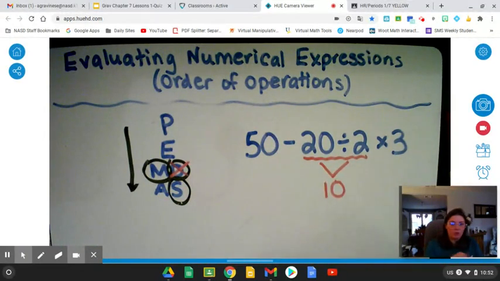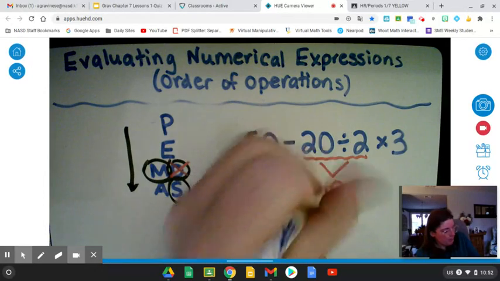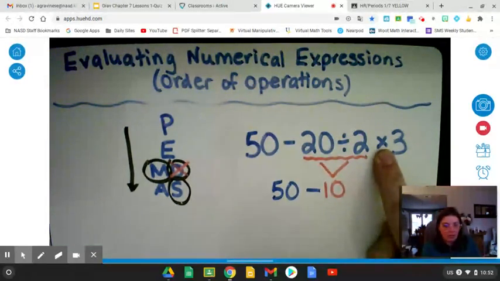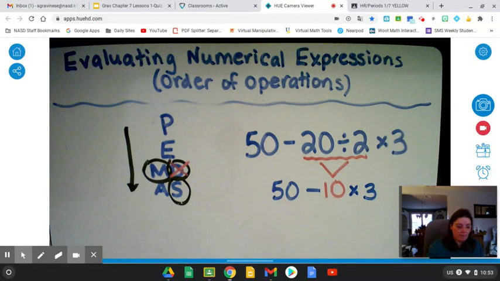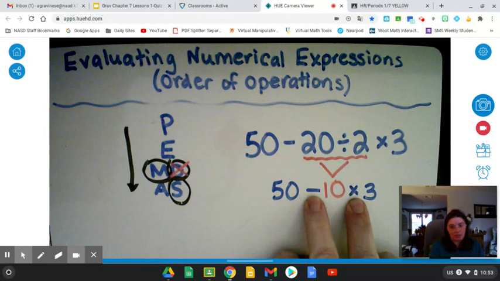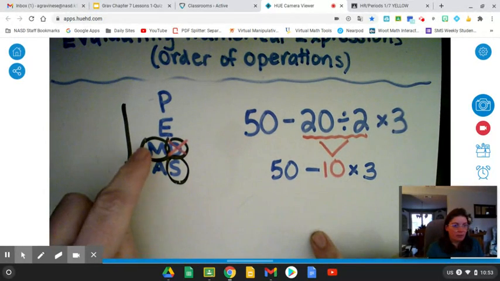But what I'm going to do is rewrite all of the parts I didn't use. I did not yet use the 50 minus, and I did not yet use times 3. So now I have to decide which of these operations go next. Well, I didn't get rid of this multiplication yet, so I have to do that next.